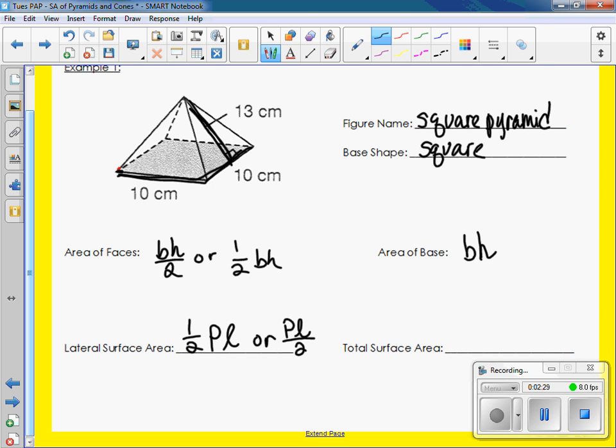Now, once we have that base times height, there's only one of them. So our total surface area is going to be that 1/2 perimeter times slant height. That's your lateral surface area. And then you're going to add in a big B. Well, remember, big B means area of the base. So that's how we find that information.